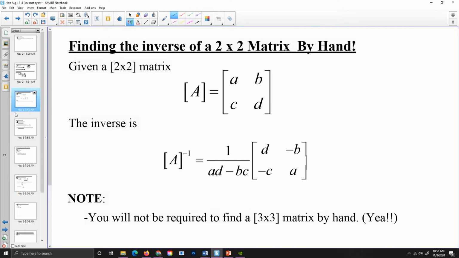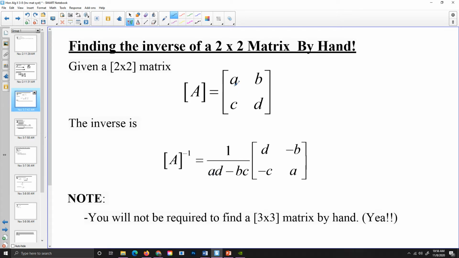All right. Finding the inverse of a 2 by 2 matrix by hand. Now I'm not going to make you do that, but if you were given a 2 by 2 matrix, the way that you would set it up is you would label A, B, C, D, these 4 elements in this matrix, and the inverse, which is noted by what looks like a superscript -1, will be 1 over AD minus BC.